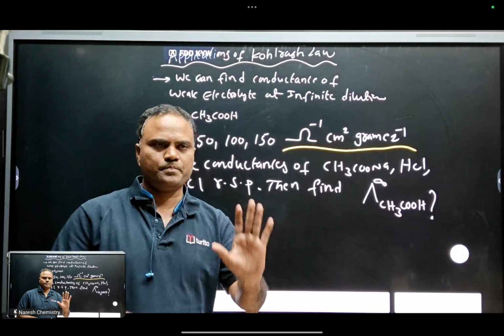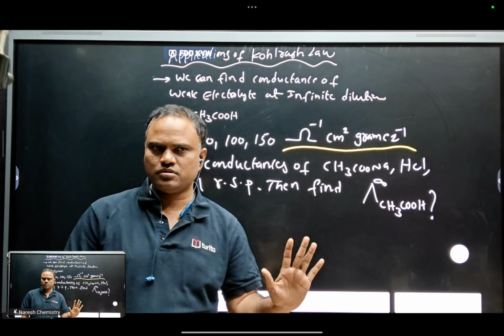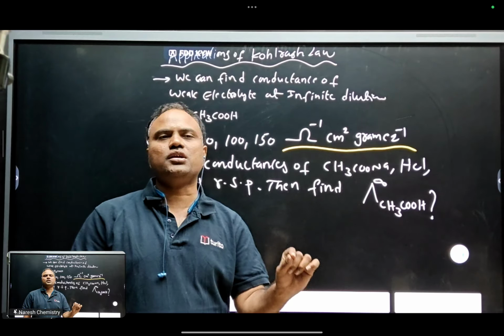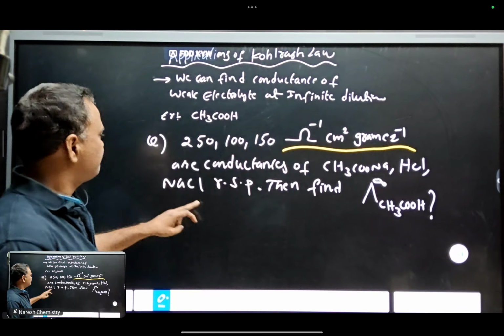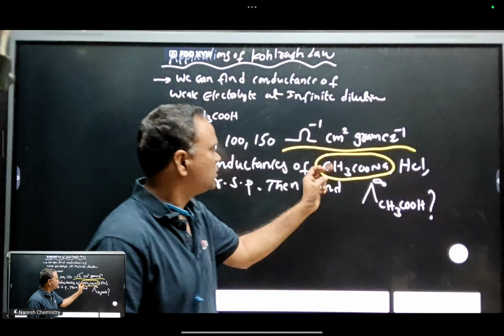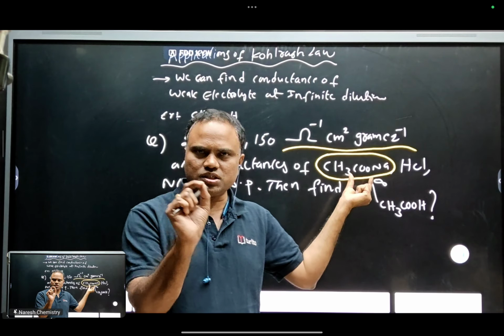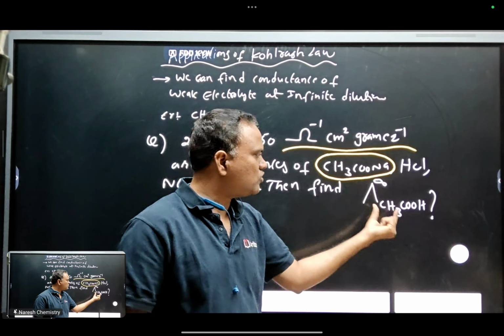See the procedure. First observe three strong electrolytes in which common ion is not present. First, take acetic acid. Acetic acid CH3COO minus and Na plus. CH3COO minus.